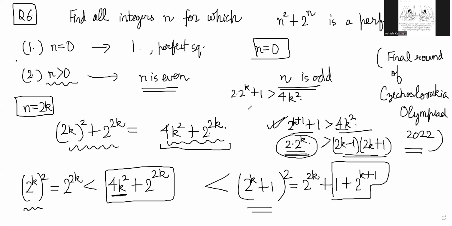For k is equal to 3, what happens? 2 into 8 plus 17. It is still bigger. And 4 cube. Okay, there is a point after which this will be bigger.